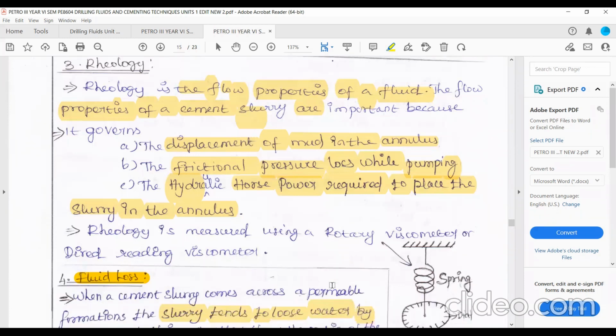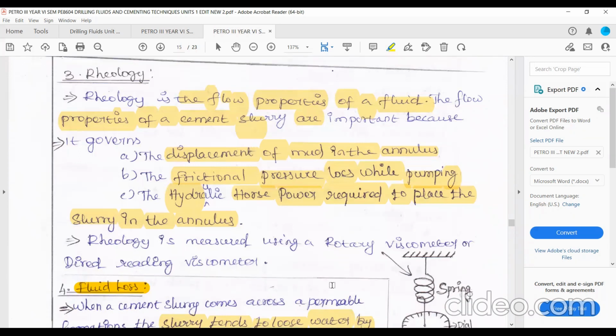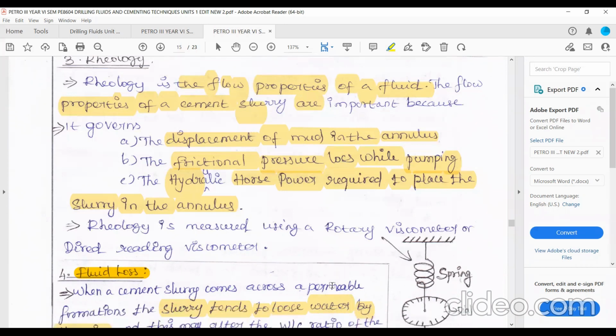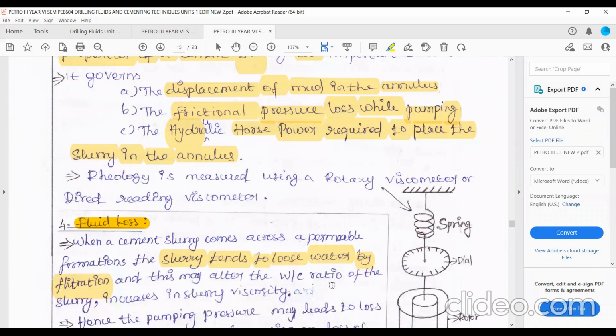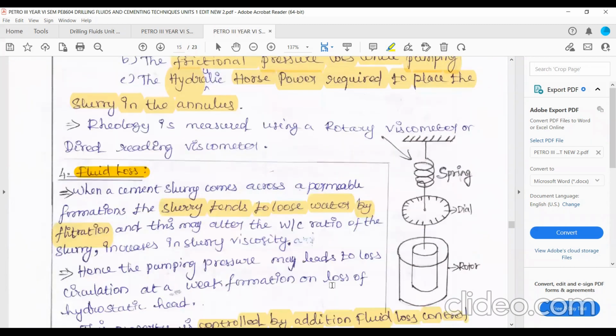Rheology is the viscosity: how is this changed with respect to slurry composition and with respect to time? That is done by the rotary viscometer, the diagram shown on the right hand side. We already saw it, with a spring at the top of the dial and the rotor, and there's a spindle cell inside.